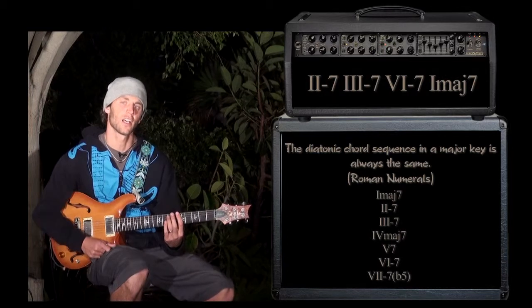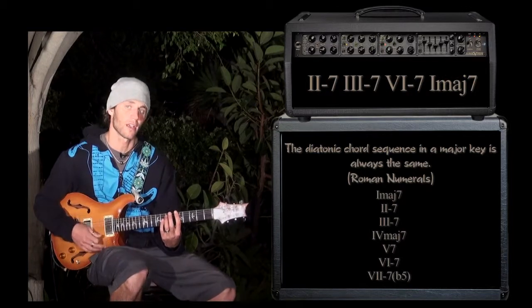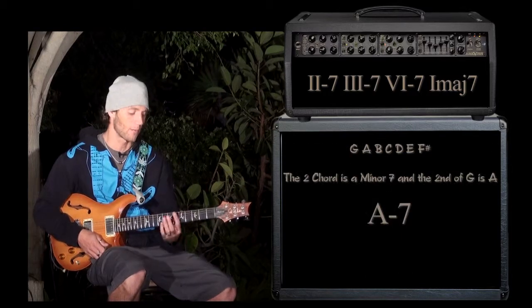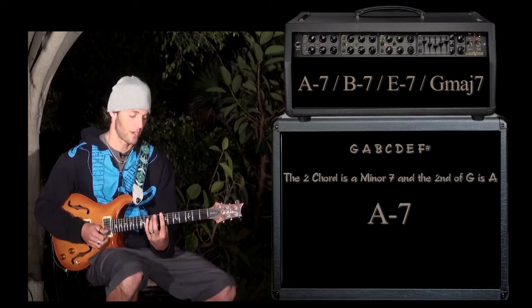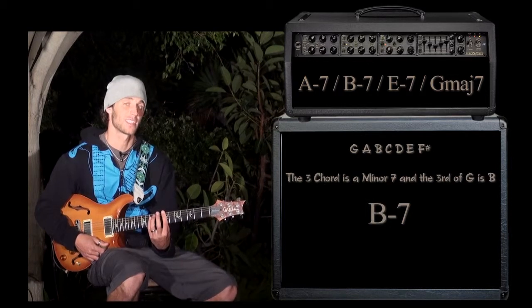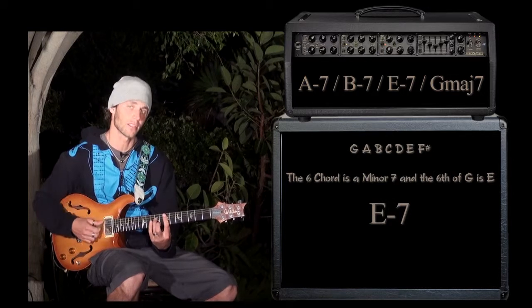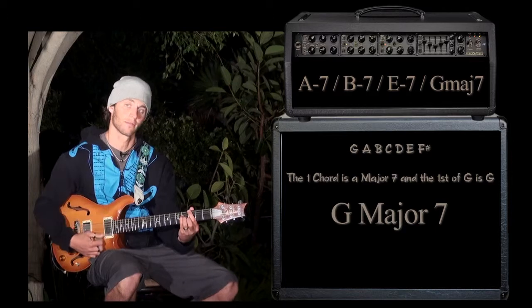Let's pick a 2, 3, 6, 1. So 2 in the key of G is A, and we know that the 2 chord is a minor 7 chord. Then the 3, B, minor 7 as well. Then the 6, which would be E minor 7. And then 1, which would be our G major 7.